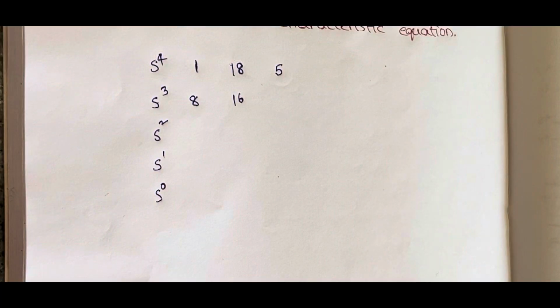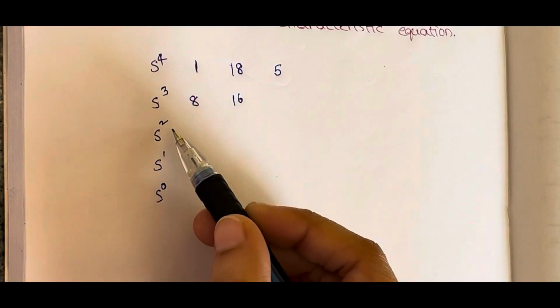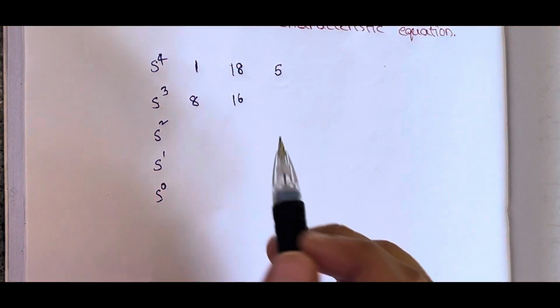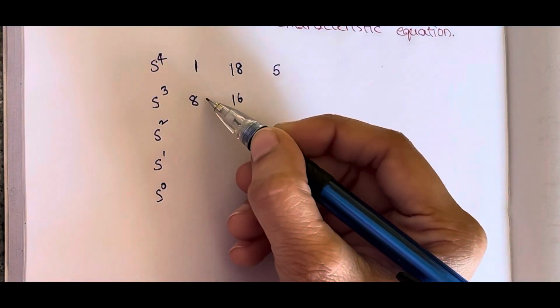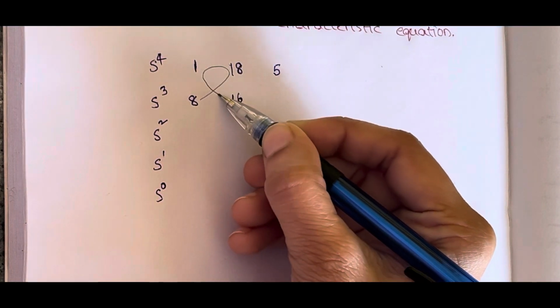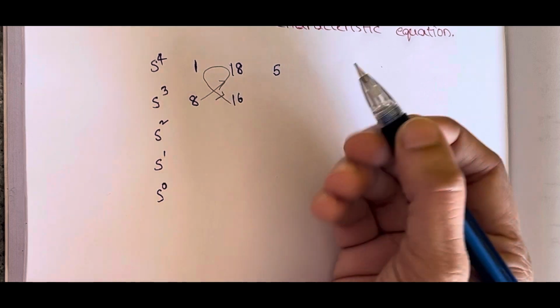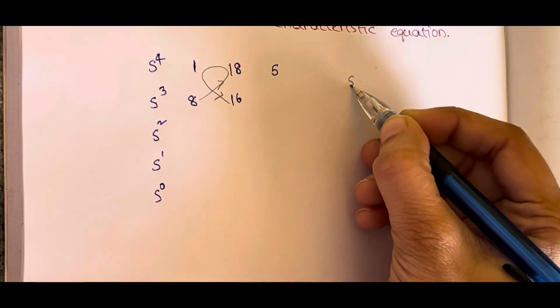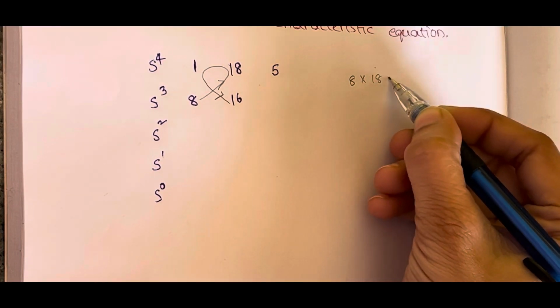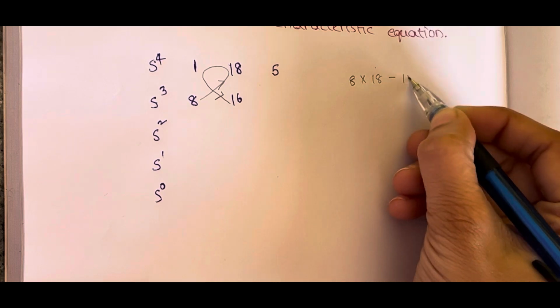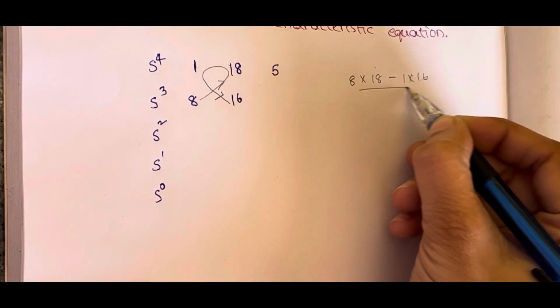Now the third step is to calculate the s^2 coefficients. For that you consider it this way: (8 × 18 − 1 × 16) / 8.